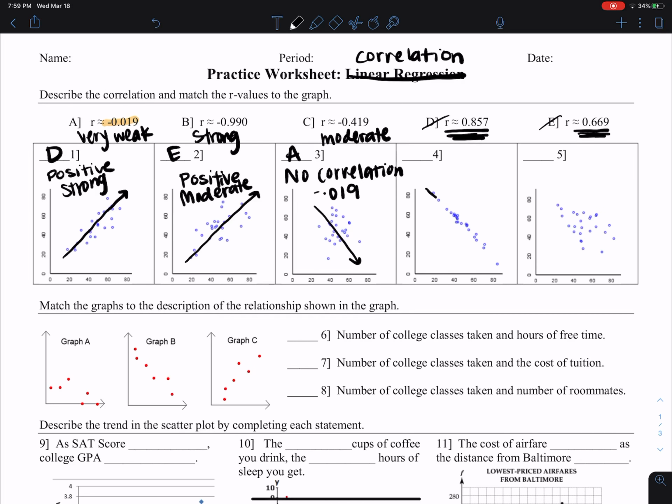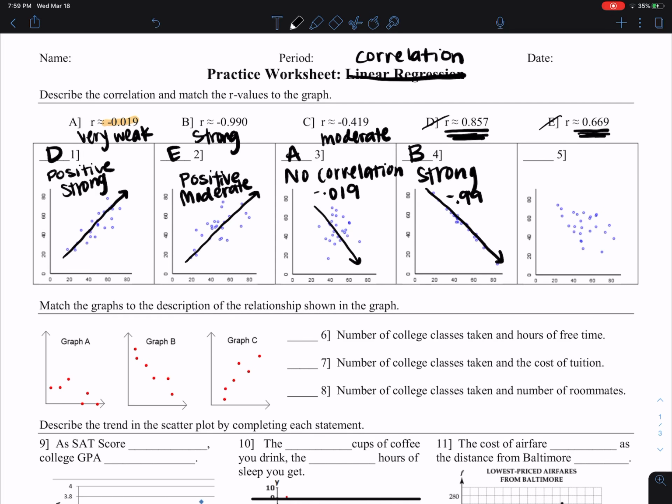On number 4, if we draw a trend line, my ink is so thick that it covers up most of the points, and there are very few off of the line. So this one would be B, because negative 0.99 is a very strong correlation. It's almost perfect.